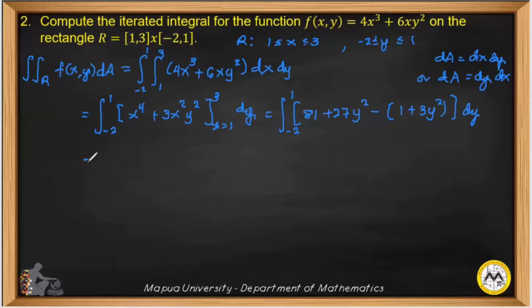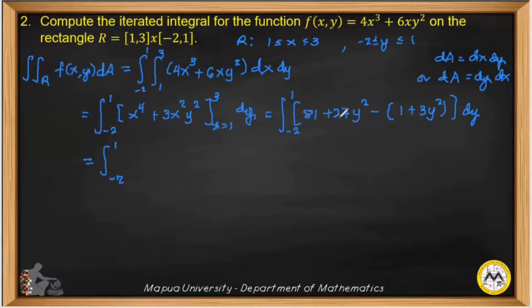Then we simplify the resulting integral, which becomes the integrand of the outer integral in y. So we have the integral going from -2 to 1.